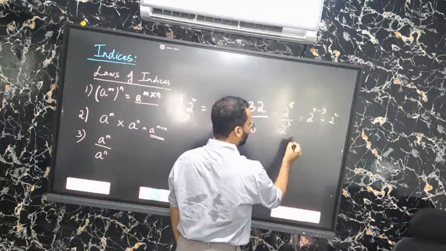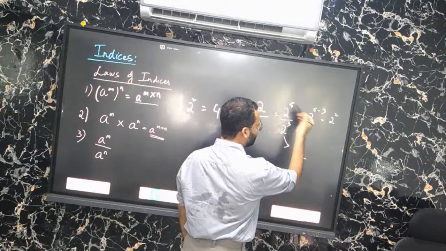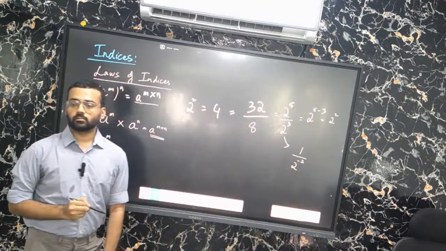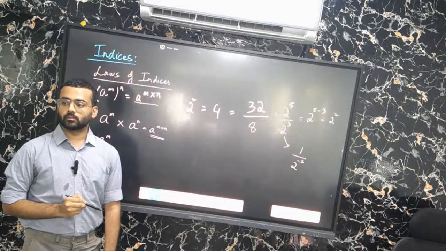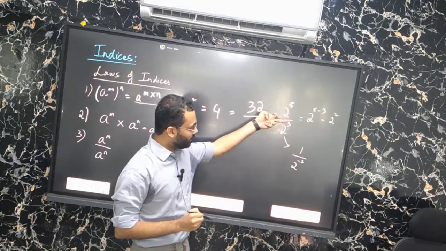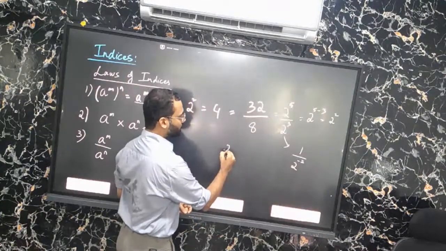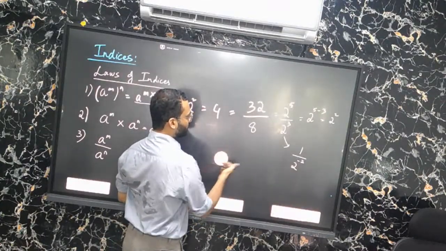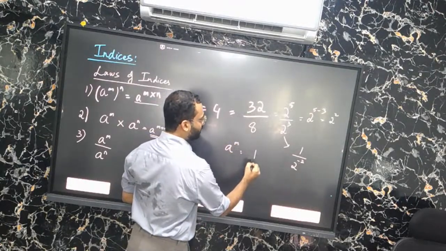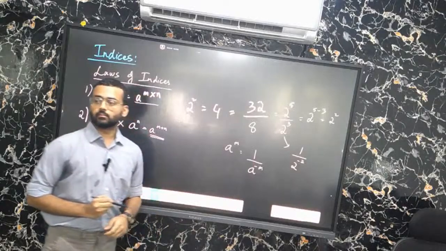Or I can write the same thing as 1 by 2 power 3 minus 5, that is 2 power minus 2 also. So if I bring the base to the denominator, it will become 2 power 3 minus 5. So whatever is the numerator, if I want to write a power m, I can also write this as 1 by a power minus m.